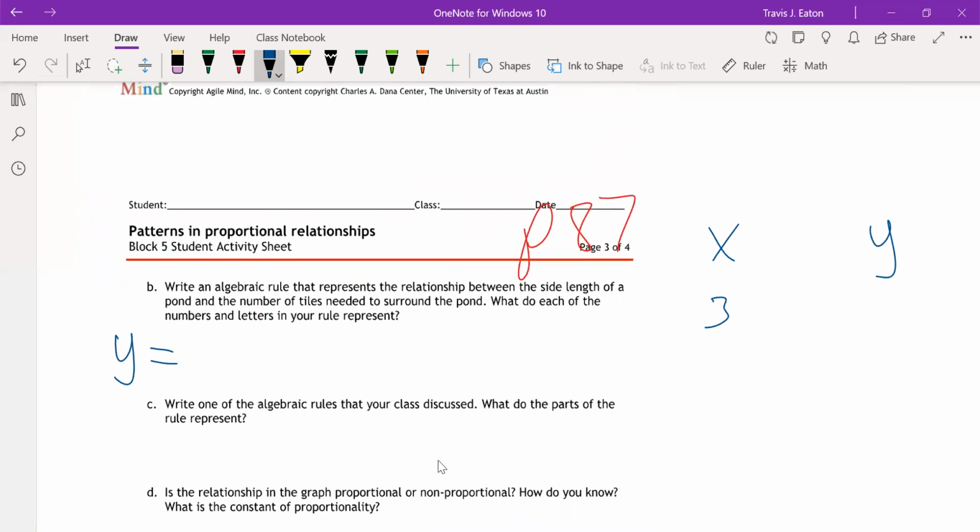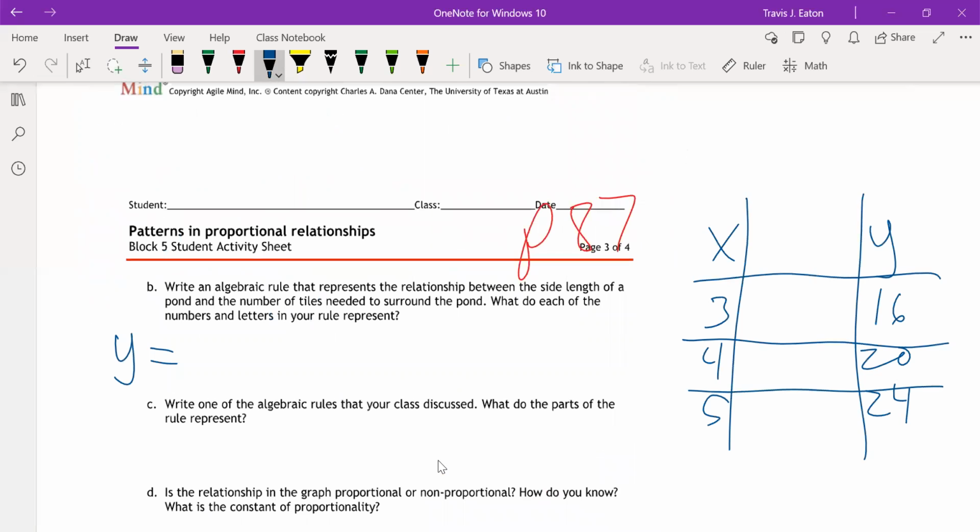When x was 3, y was 16. When x is 4, y is 20. When x is 5, y is 24. That should be enough to let us know how to get there. We have to figure out what our process is to get from x to y.